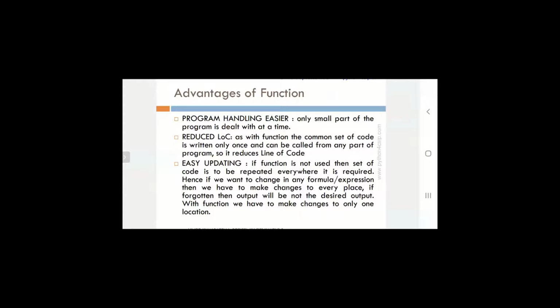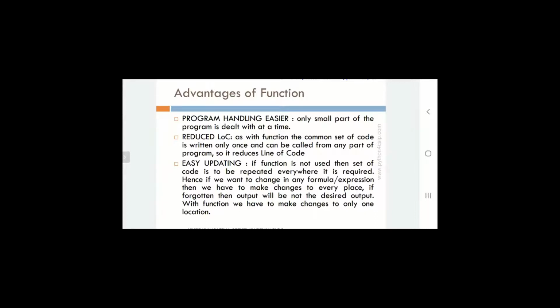Easy to handle. If you are using the function, it is very clear. Wherever the function call statement is, how the values are passed and how the parameters receive the values, we can easily see. And it reduces the LOC. LOC means lines of code. If you don't use the function, the lines of code will be more.